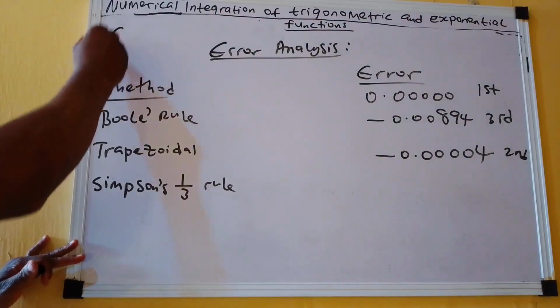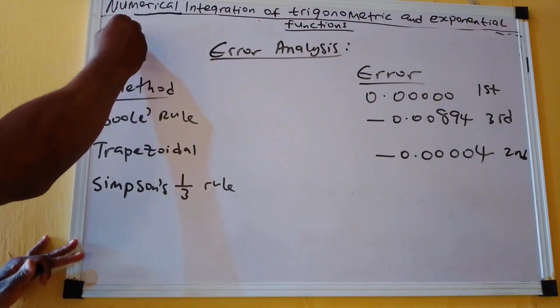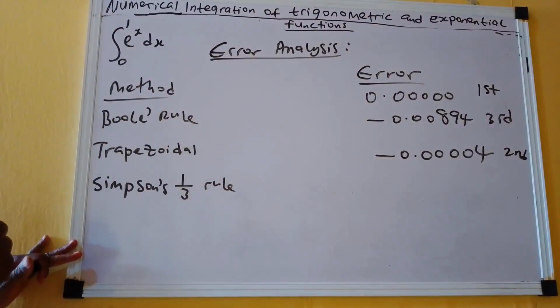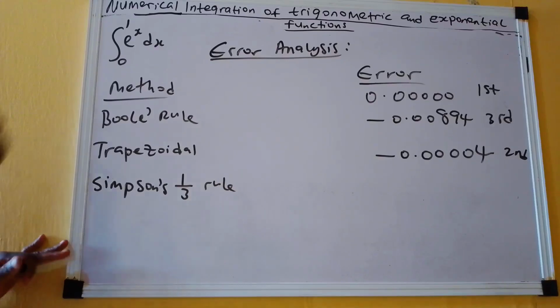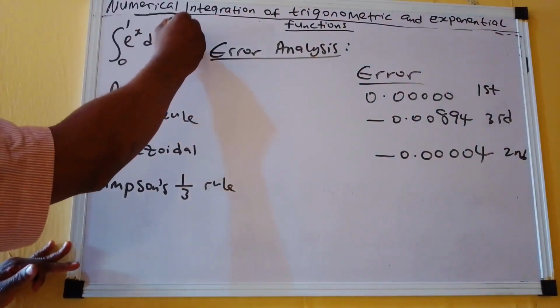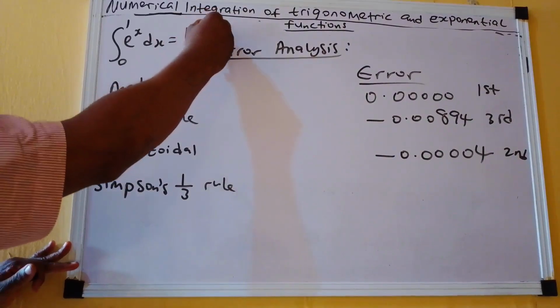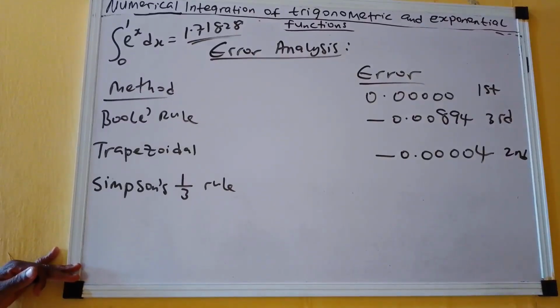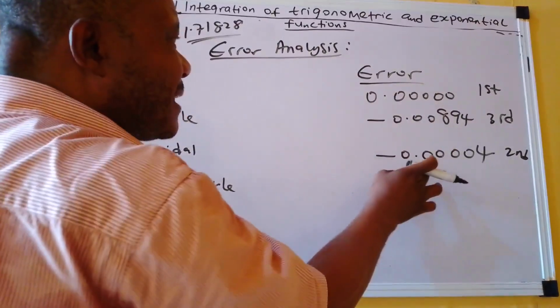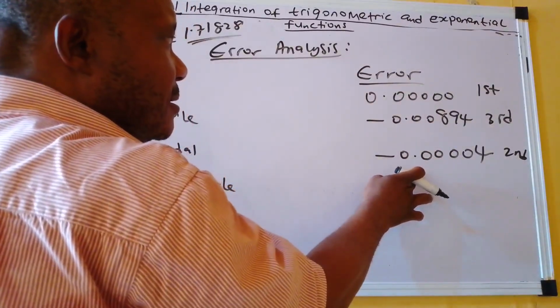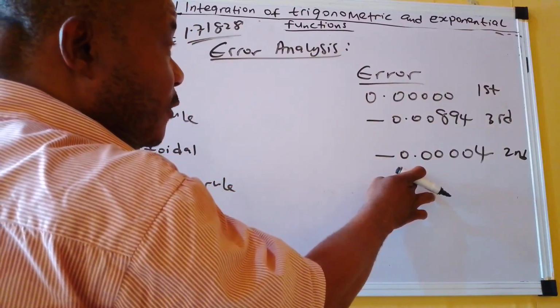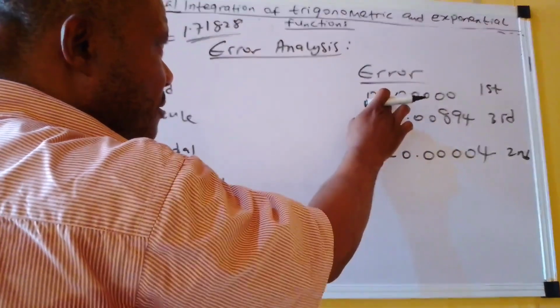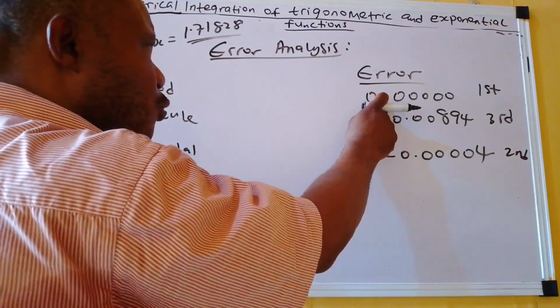The problem we solved was integral 1 to 0 exponential x dx, and the true solution is 1.71828. So you can see that the one that has the least error is the best for the problem. This one has no error at all, the Boole's rule.